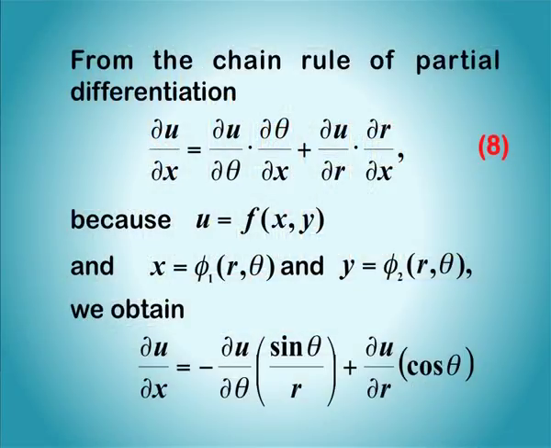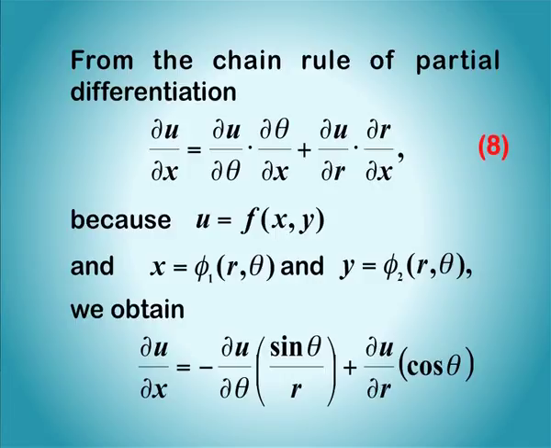From the chain rule of partial differentiation, which I have talked about the other day, maybe a couple of days back or even in the previous lecture, I have mentioned this keyword, chain rule. Is this the chain rule? Equation 8.